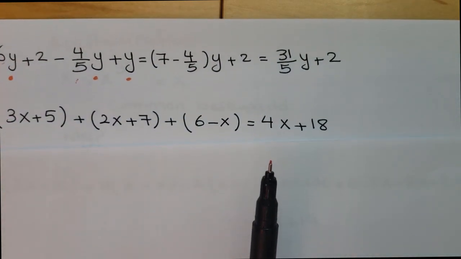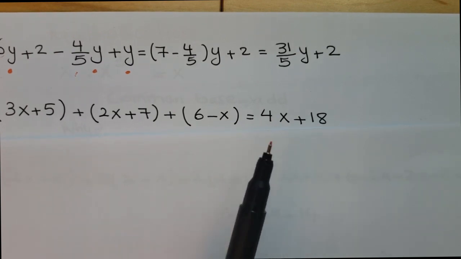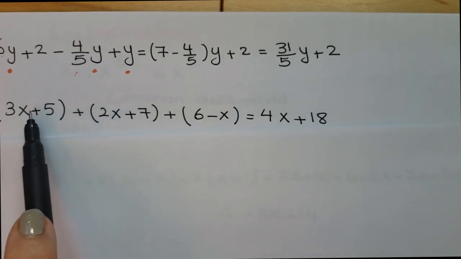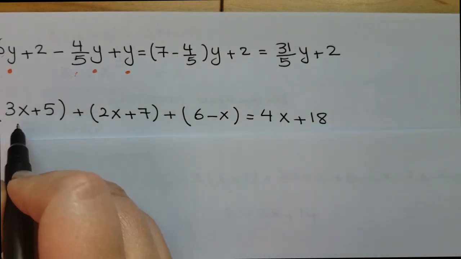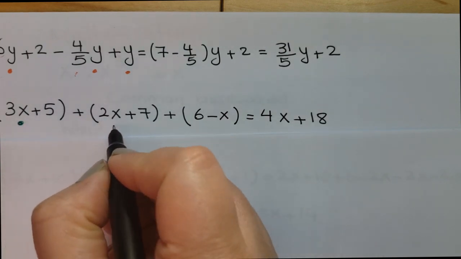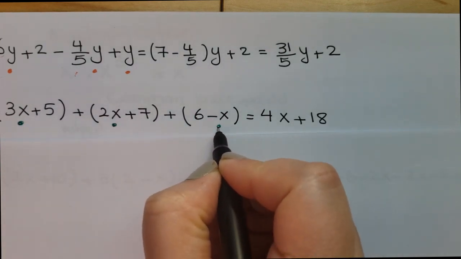Another example would be 3x plus 5 plus, let's see how many brackets, 1, 2, 3 brackets. I have 3 brackets here, but if you look closely, all of these brackets only have one variable. I only have green apples, right? Green apples.